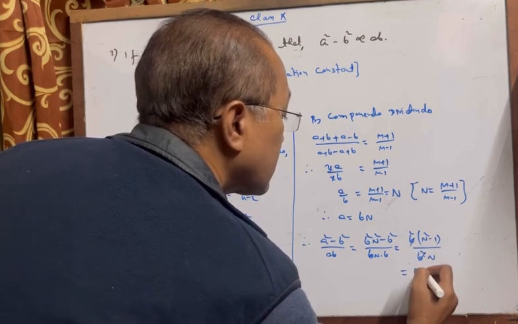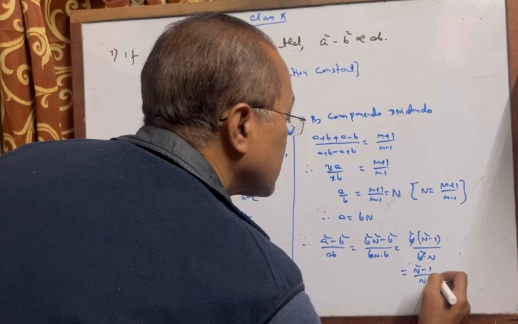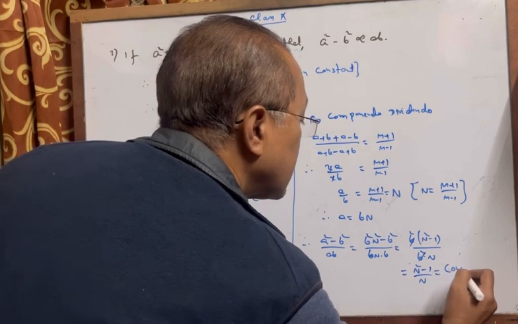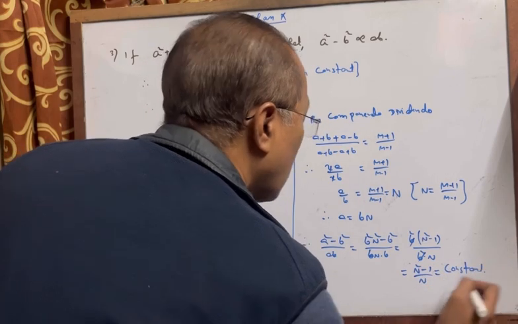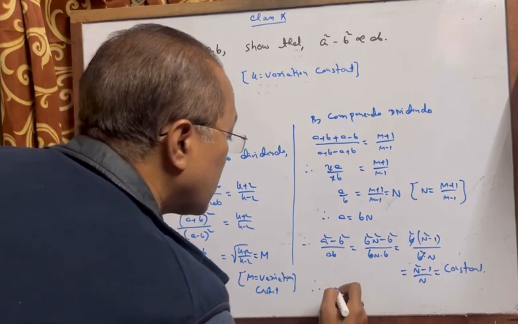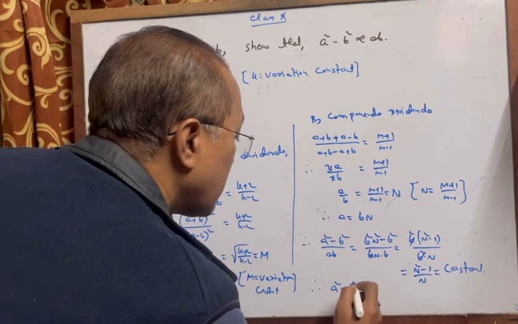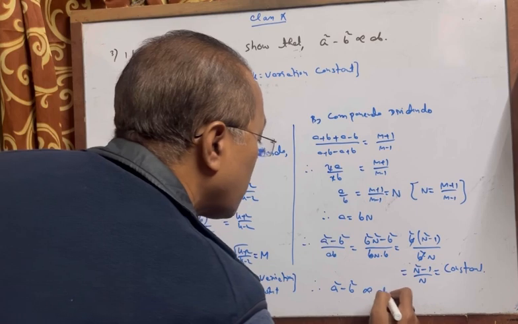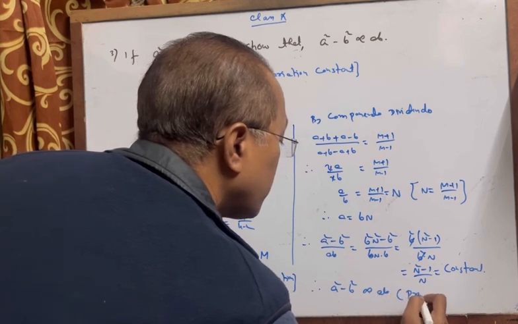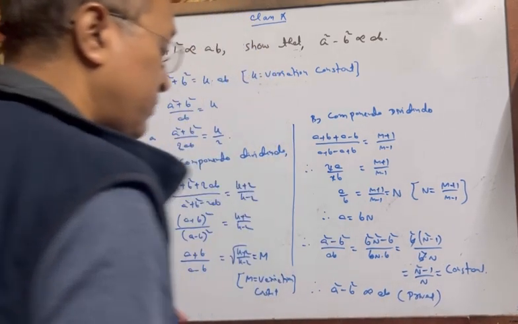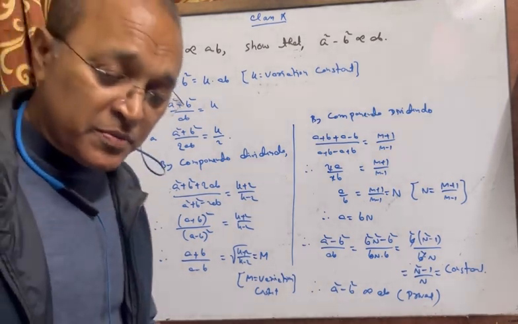So that is equal to n square minus 1 by n, that is nothing but a constant term. So we can say a square minus b square is proportional to ab. Proved.